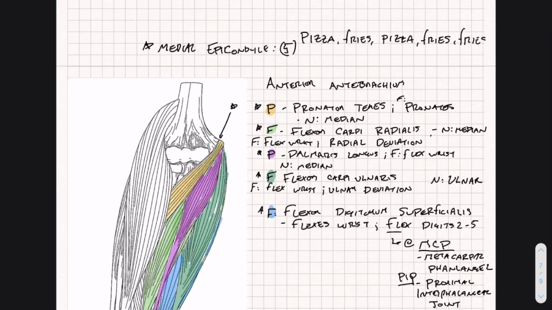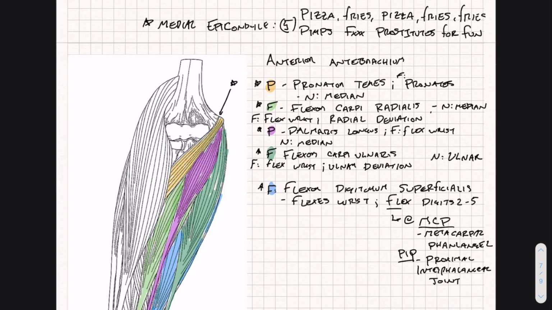So, I mean, just remember that saying. There's also one that is pimps, and then F-bomb, and then prostitutes for fun. So it's up to you which one, if you need a memory device to remember these 5 that are on the medial epicondyle.